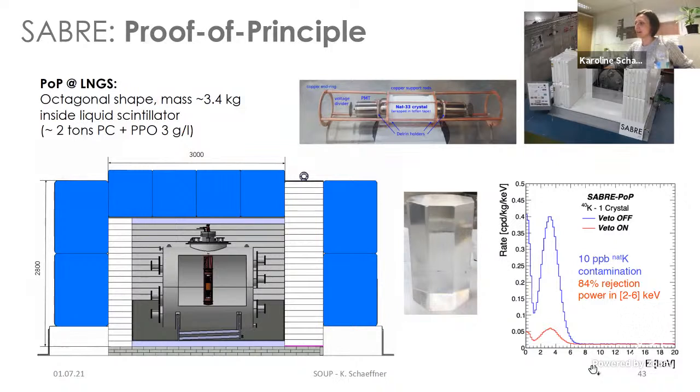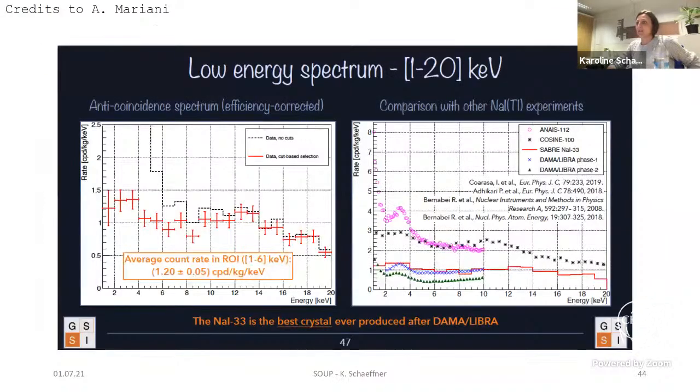And here you see the effect of the veto. If you tag this potassium, which is still in there, you can reject quite a lot of this background, here by 84%. So here is the result showing that their feature of having a good crystal is actually true. You see the energy spectrum where they report ANAIS, which is the pink one, COSINE with the black stars, and SABRE and DAMA as the red and blue lines.